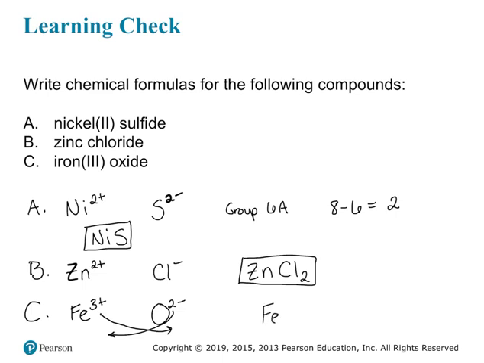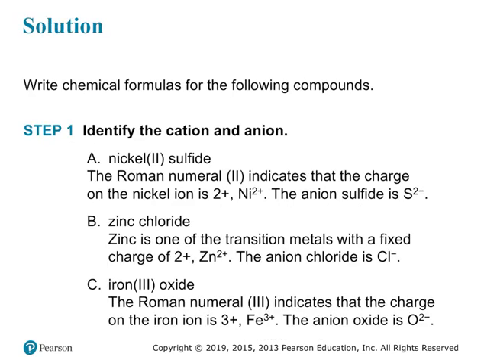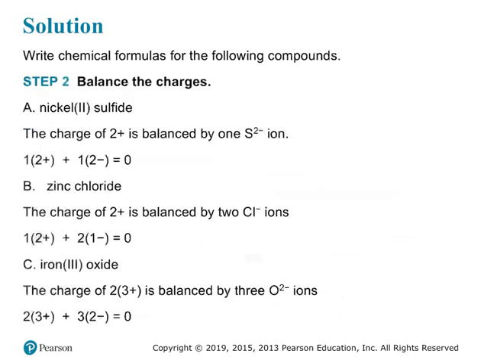So we need 2 iron ions and 3 oxygen ions, or oxide ions. Fe2O3, and that's also known as rust. Okay. And then here are the solution slides if you need those later.